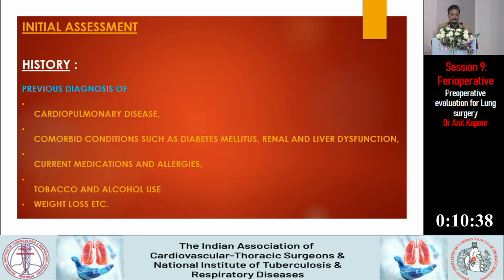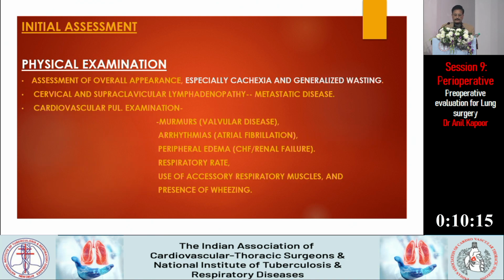Initial assessment starts with history of cardiopulmonary disease, comorbid conditions like diabetes, renal failure or renal impairment, liver involvement, current medication, allergies, tobacco and alcohol use, and weight loss. All these things are to be addressed in initial assessment.